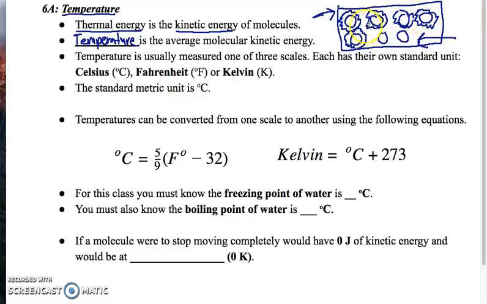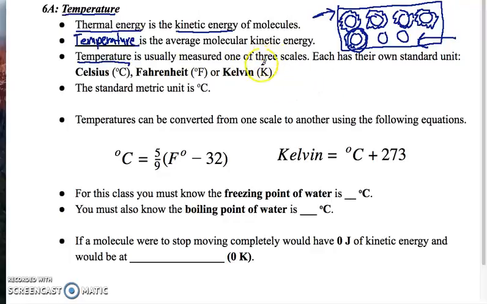Temperature is basically, we'll take an average. We'll average them all together. How fast is the standard one moving? That's what temperature is. So again, it's the average amount of energy that's in all of the molecules.